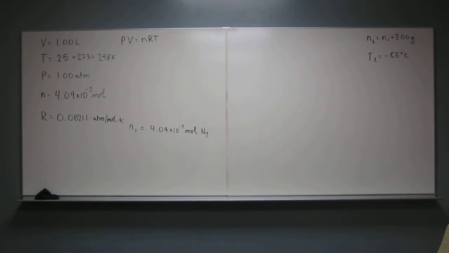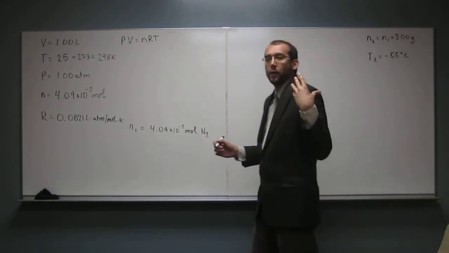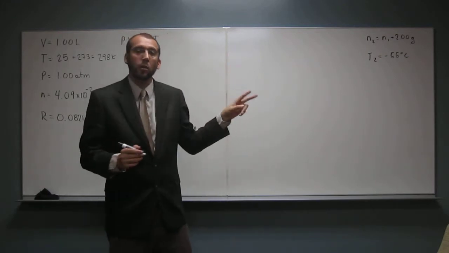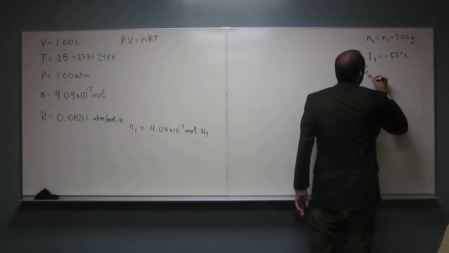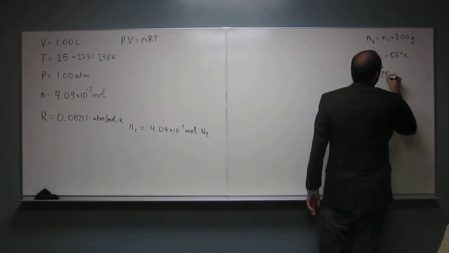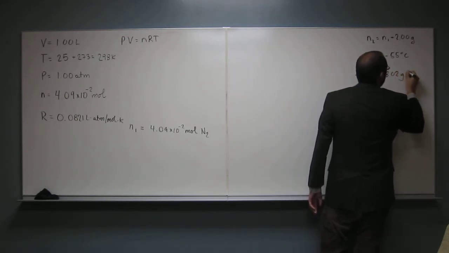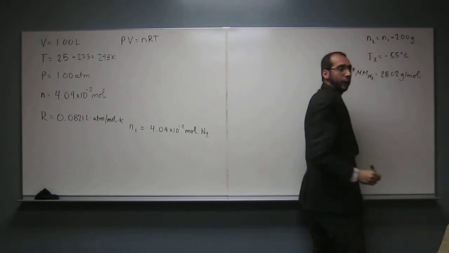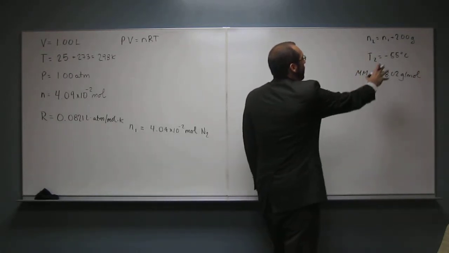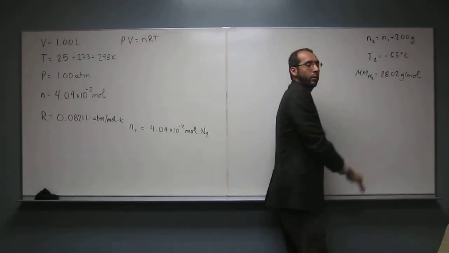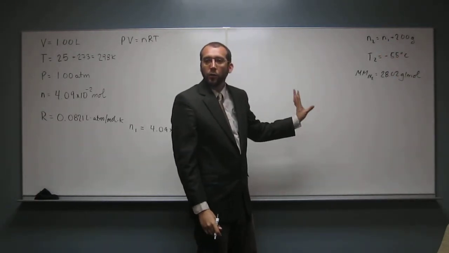Well, what do we know about N2 gas? Nitrogen itself is 14.01 AMU, so for N2, the molar mass is going to be 28.02 grams per mole, okay? Does that make sense? So we should be able to figure out how many moles 2 grams is.